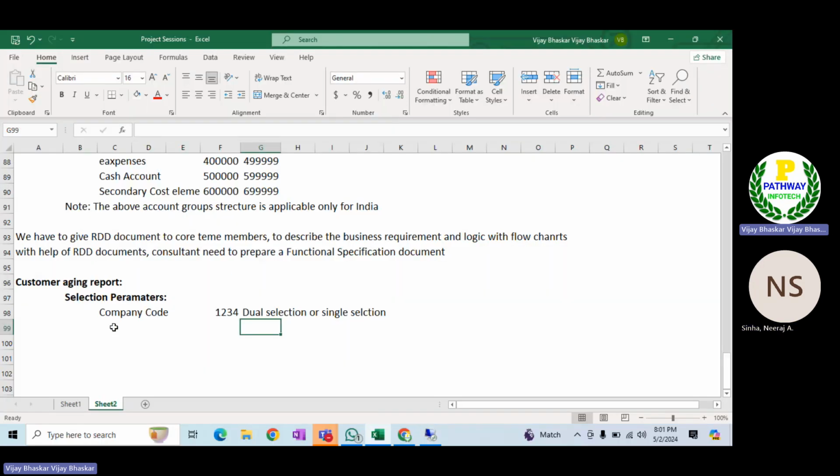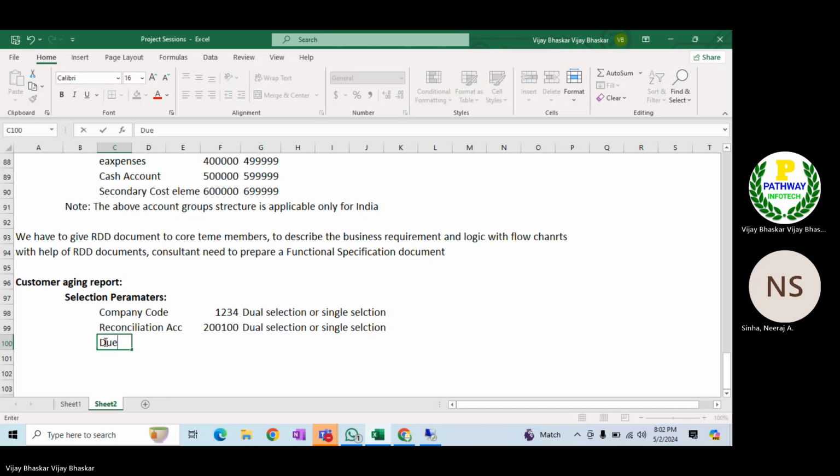Okay. So now the next one will be the reconciliation account. Again, this one is either dual or single. Then the next one which I want to have is the due date.